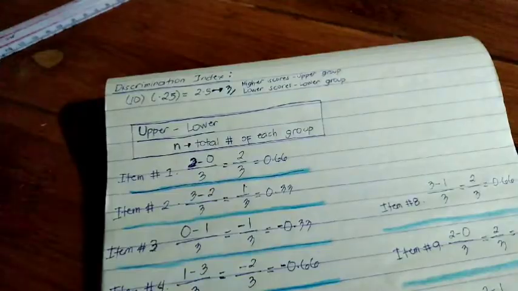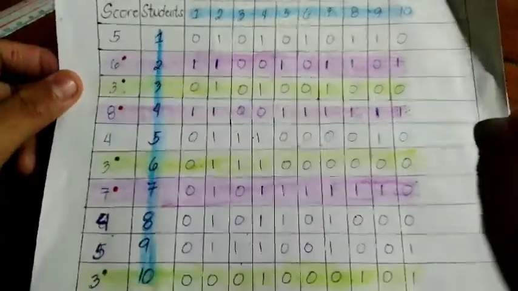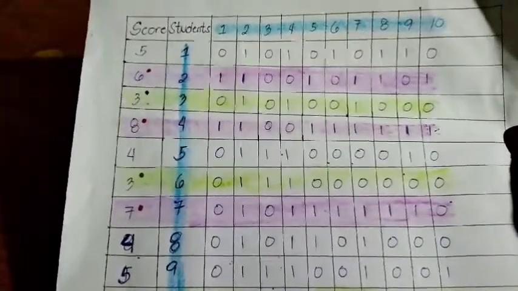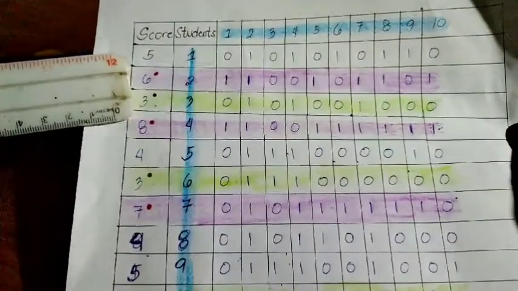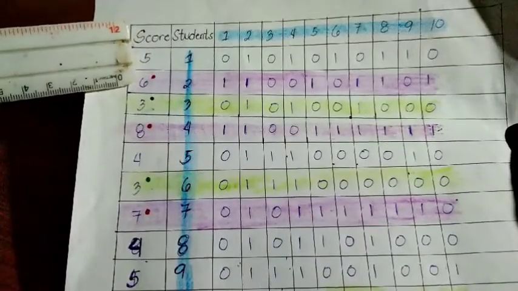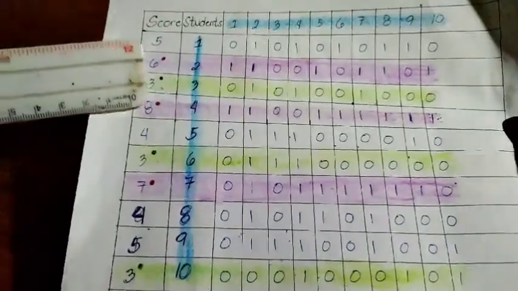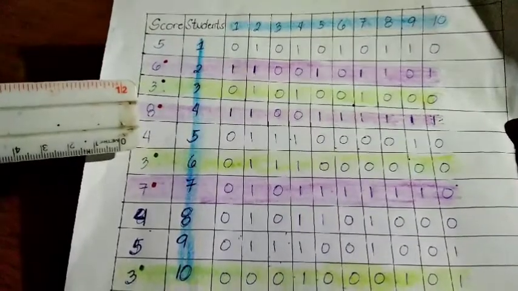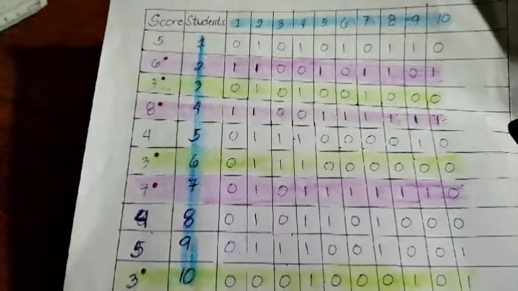So, we base on the table that we made. You can see the different colors. Those with the bigger scores are 8, 7, and 6. These are the upper group. The lower scores are student number 3, student number 6, and student number 10, which is our lower group.